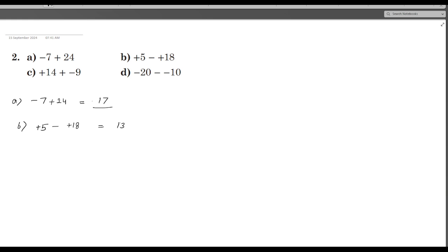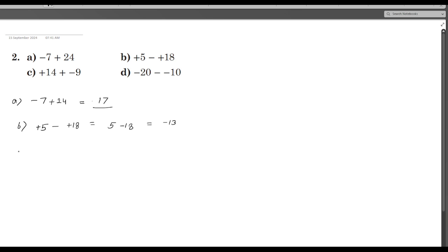As minus into plus is minus, this can be written as 5 minus 18. And the result is minus 13. You are subtracting a bigger number from a smaller number, so your result will be negative.